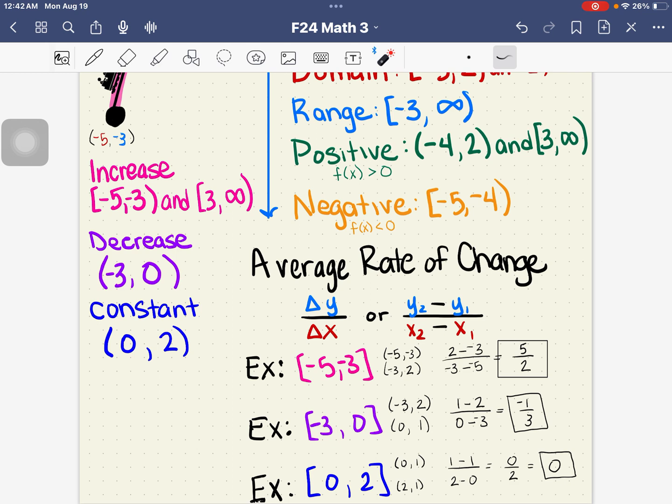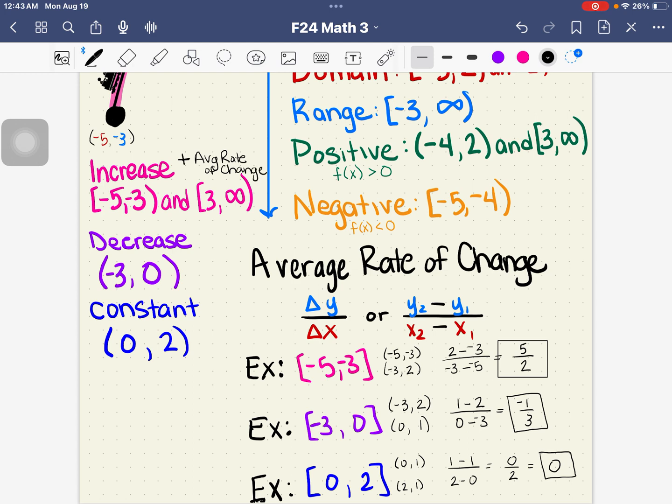Okay, so those are some pretty big concepts right there. So let's note that when we're talking about average rate of change, when it is increasing, you're going to have a positive average rate of change.